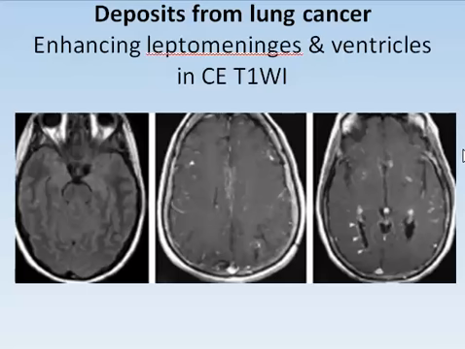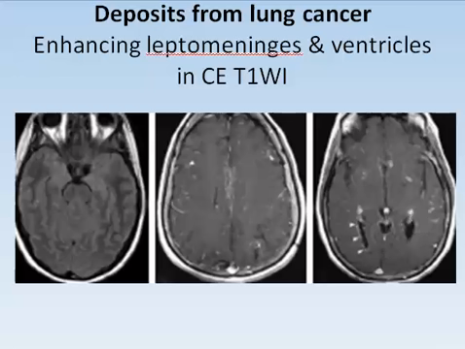Deposits from lung cancer, again enhancing leptomeninges, mainly on the left side, and intraventricular lesions, and you know that ventricular lesions are considered extra-axial.